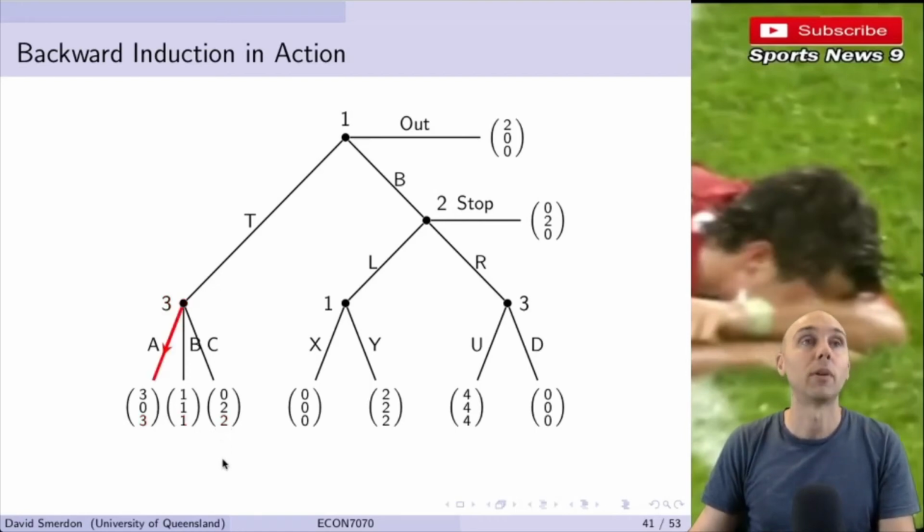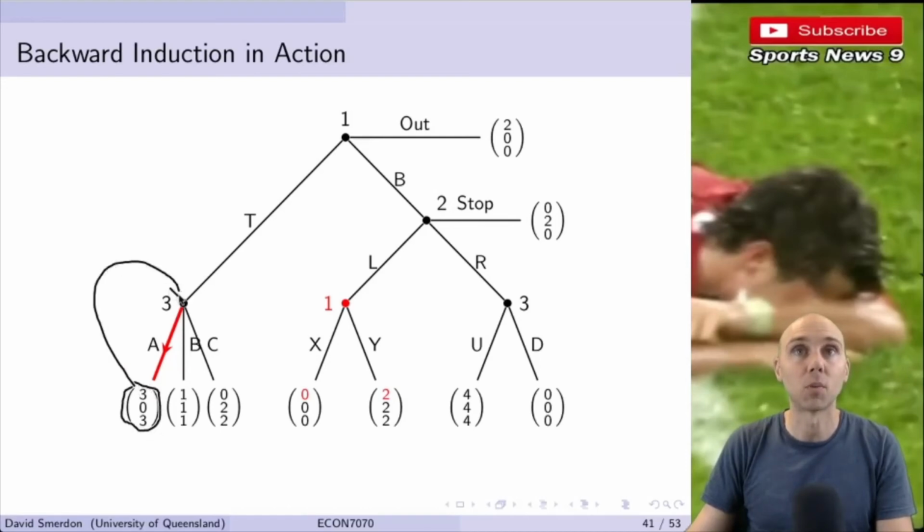So player 3 will choose A if we get here, which means that we can already replace the payoff at this node. So we can take 3, 0, 3, and we can already throw them in there because we know that's what player 3 will do if player 3 gets hit.